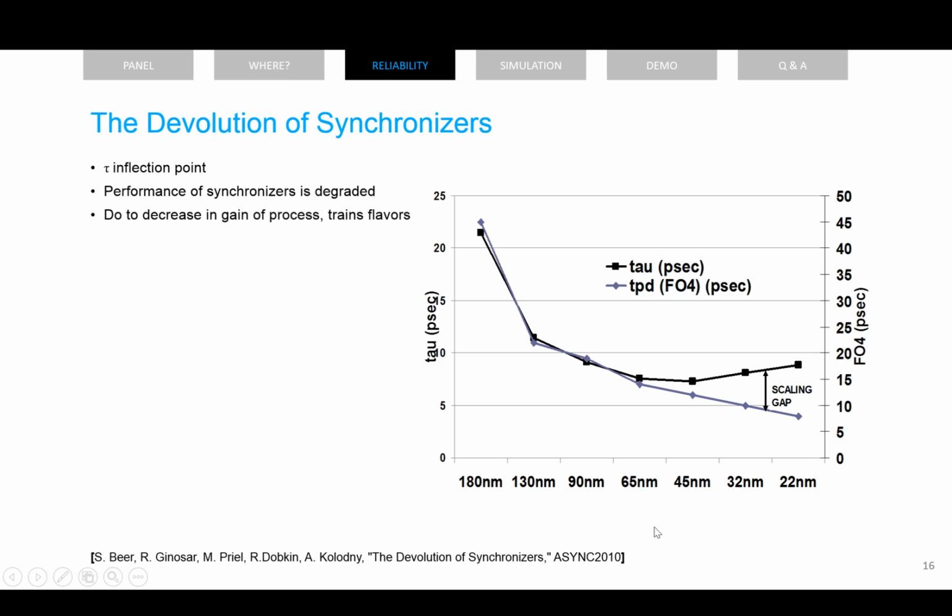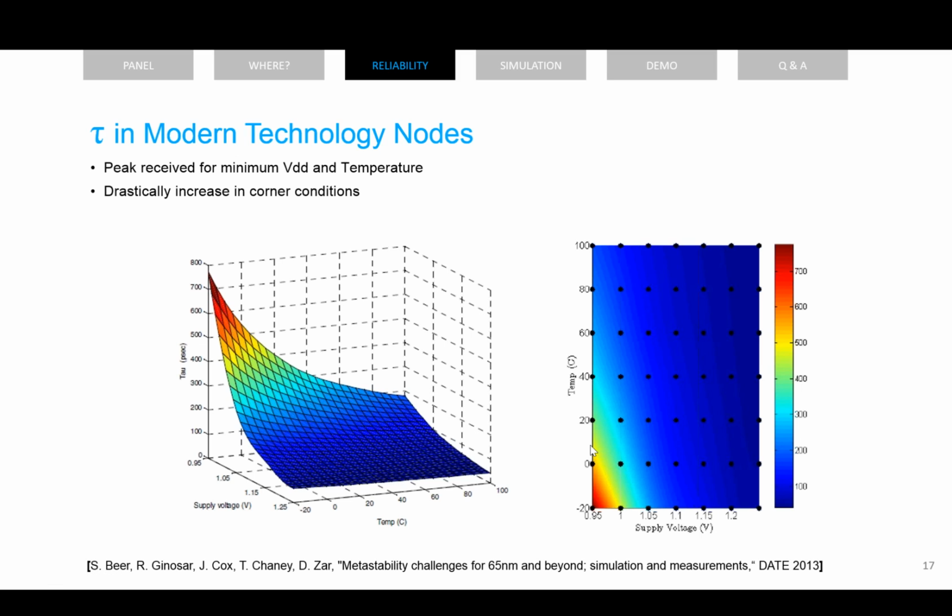And we have seen some inflection points for different flavors where the tau gets bigger even when the technology scales down. This is particularly important because one could have thought that only by reducing the technology node, the resolution time constant will decrease because of an intrinsic time of the circuit, but that is not always the case, and we should evaluate that in any case specifically.